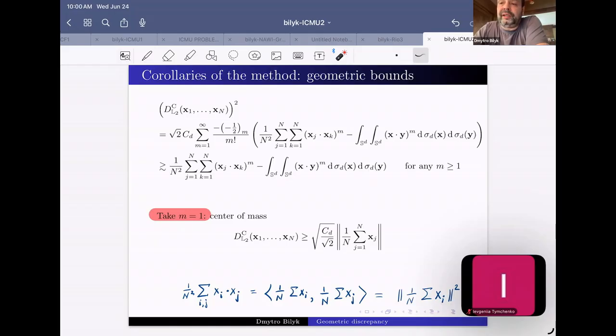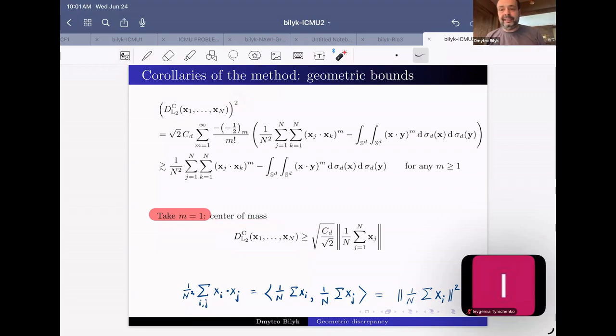So it's the norm squared of the mean of the n points, or in other words, the center of mass of the n points. So this tells you that discrepancy is bounded below, now we take square roots, by some constant times the norm of the center of mass. Very easy.